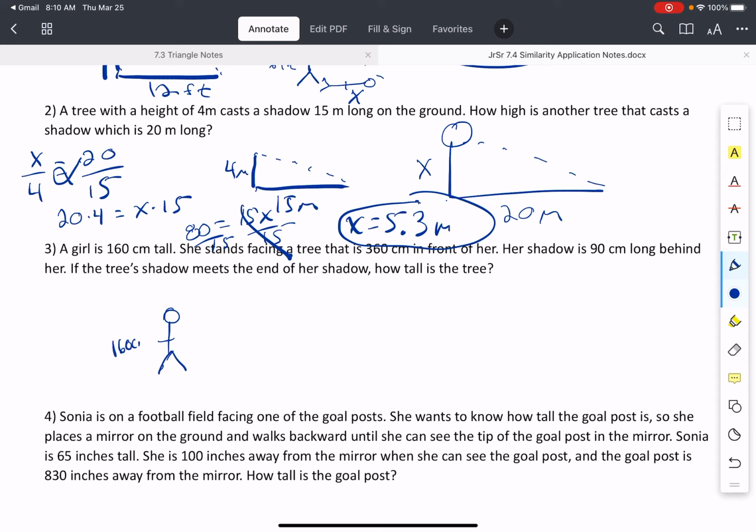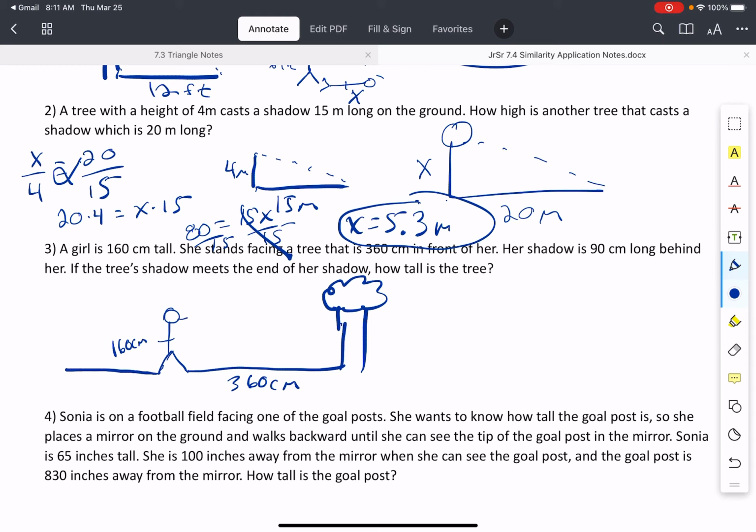So 160 centimeters tall. She stands facing a tree that is 360 centimeters in front of her. So like that. Does that make a little more sense with the way it's said? Yes. Good job. Her shadow is 90 centimeters long behind her. So that should be this way, right?